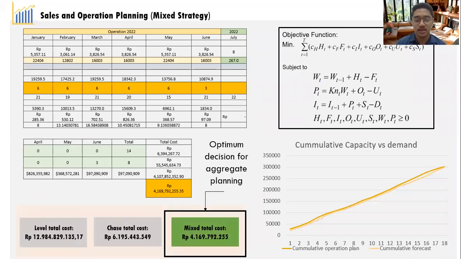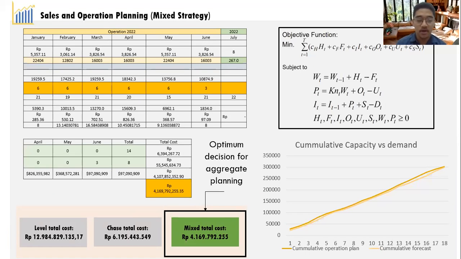In the mixed strategy, we develop a linear programming model, which has the objective function to minimize total cost, with the decision variables of the total employees, hiring and layoff of employees. Then from the following constraints, we got the total minimum cost.